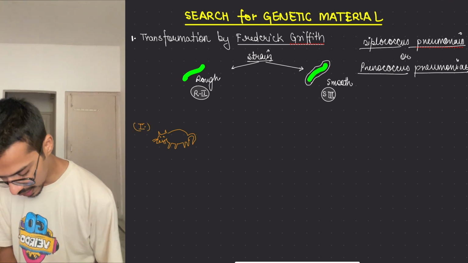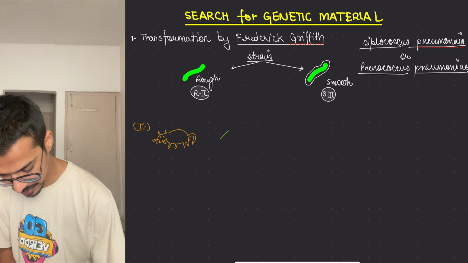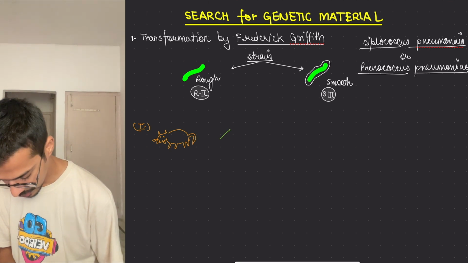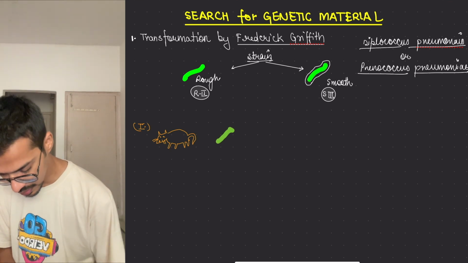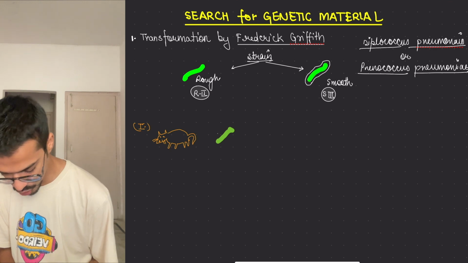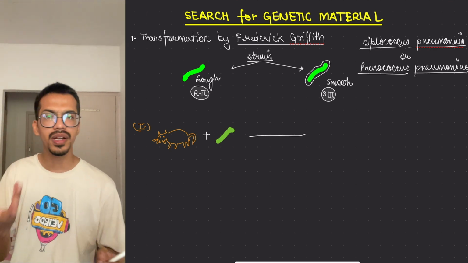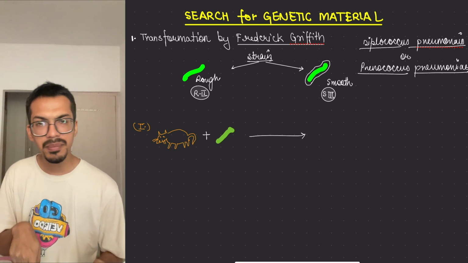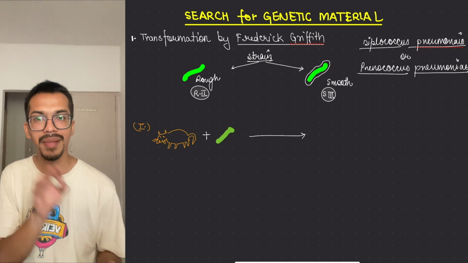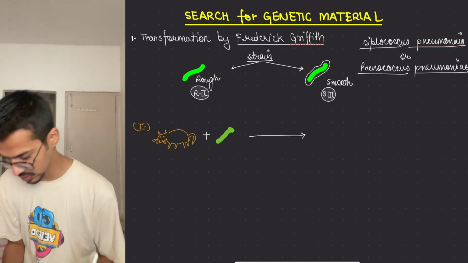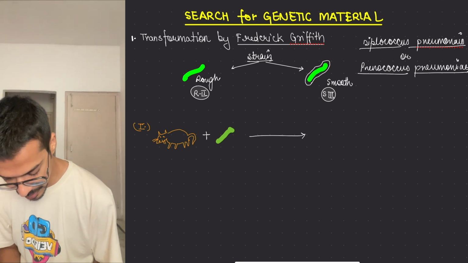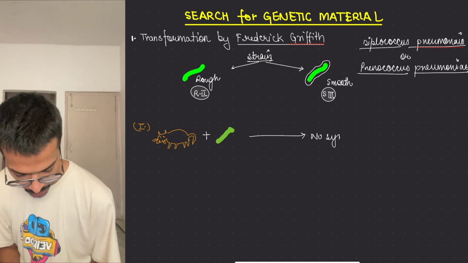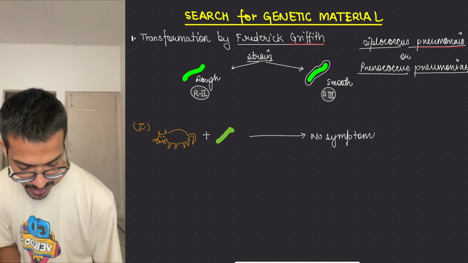I give it the rough one. Rough is injected into it. What will happen? The rough one will be found by the mice's immune system and it will kill it. So the mice will survive, meaning no disease. No symptoms of the disease will come, and it will survive.